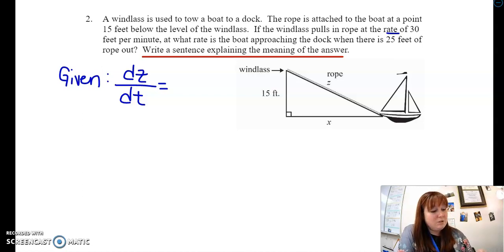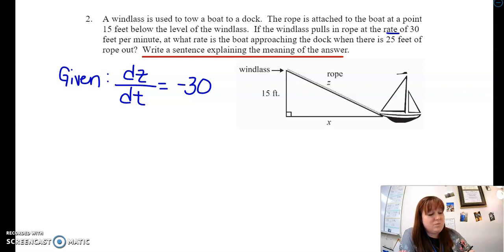Well, it's getting smaller, right? So this would be negative 30 because negative means it's getting smaller, or a decrease. So I'm given that rate. Let's see, what else am I given? Well, really nothing else. The rest of it is what we use once we find it.